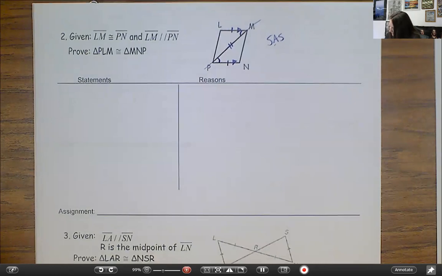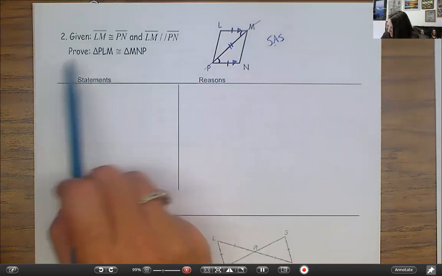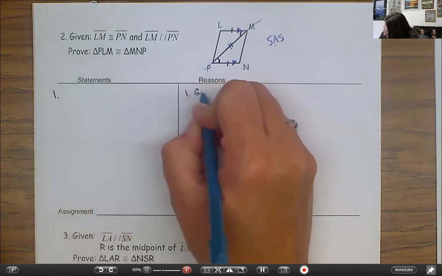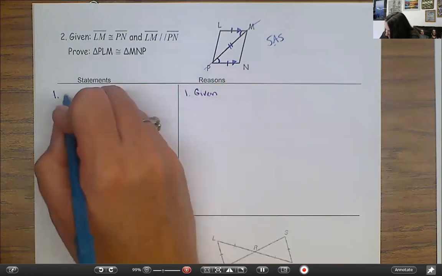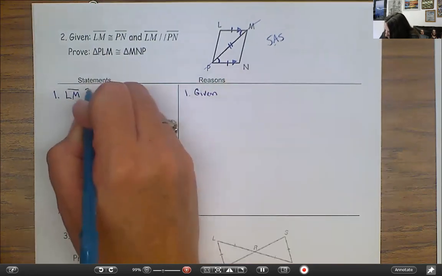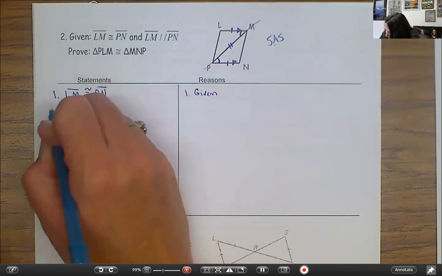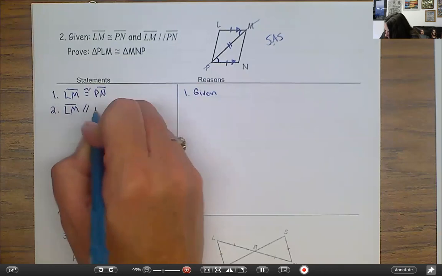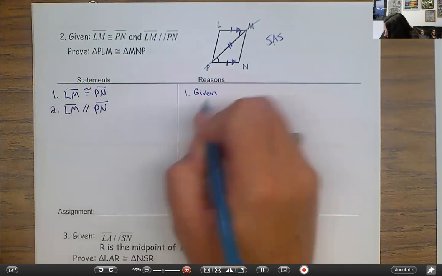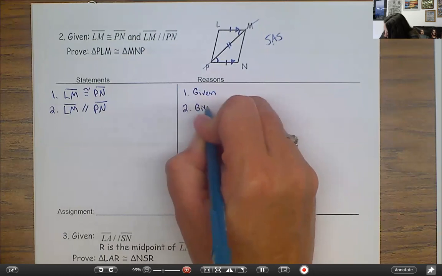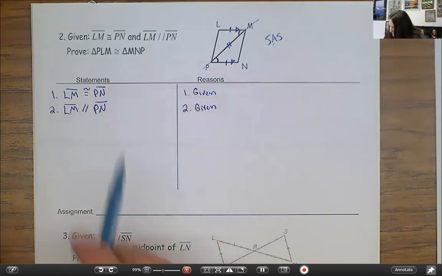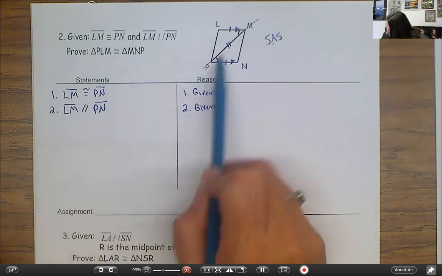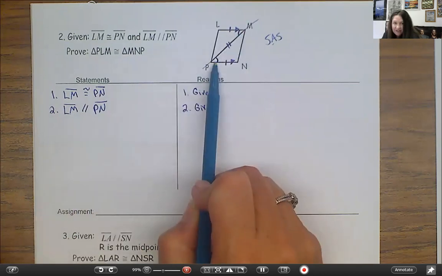So if I needed to write this all out on my own, I would immediately start with my given information because this is a proof. So we've got LM congruent to PN. I'll probably make step 2 then LM parallel with PN. Now, since the lines were parallel, I then have alternate interior angles that are congruent.